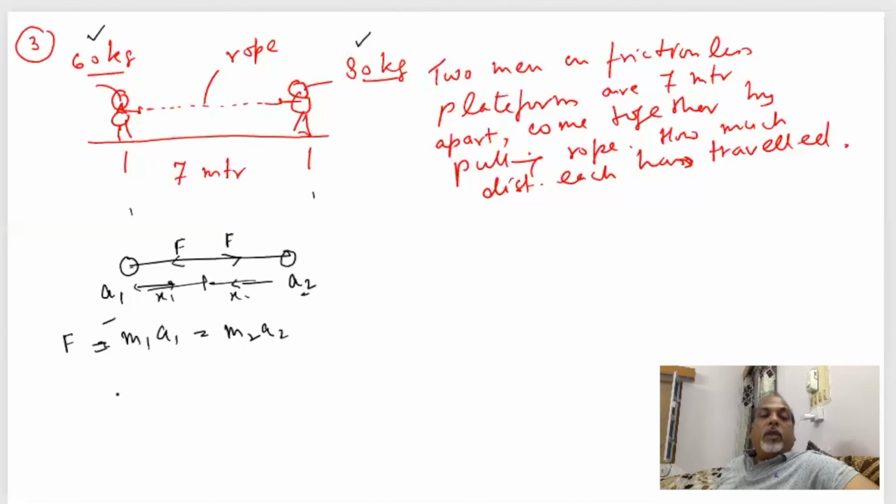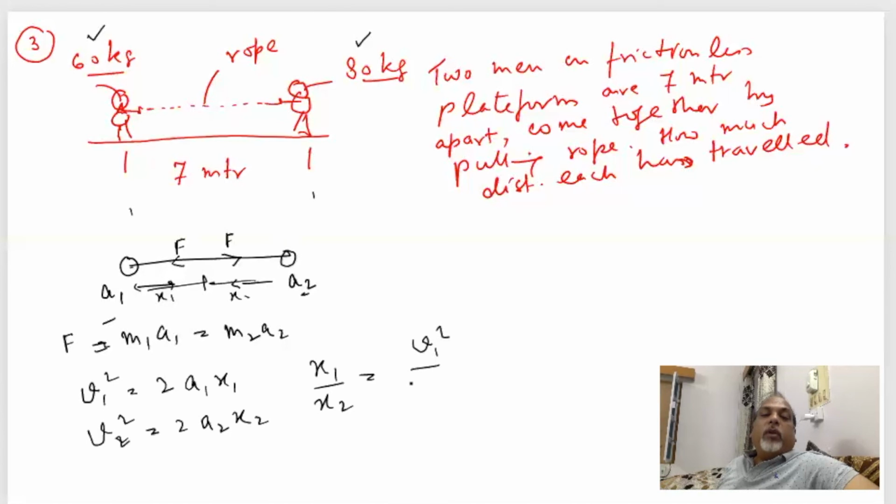Since they are moving from rest, v1 square will be nothing but 2 a1 x1, v2 square will be nothing but 2 a2 x2, or x1 upon x2 will be nothing but v1 square upon v2 square into a2 upon a1.